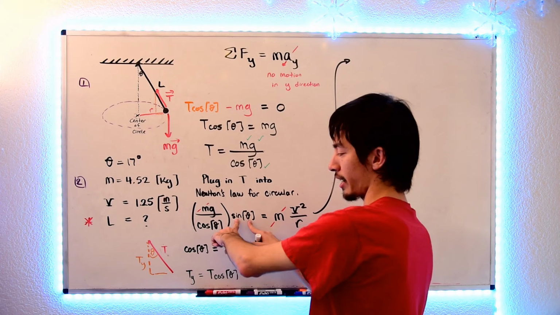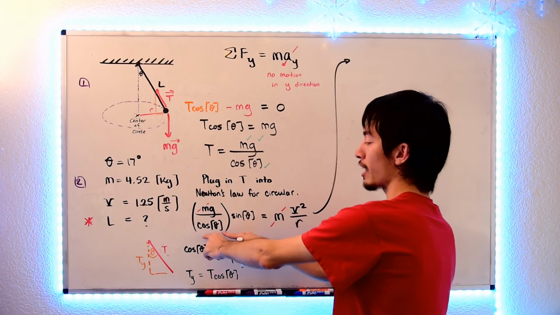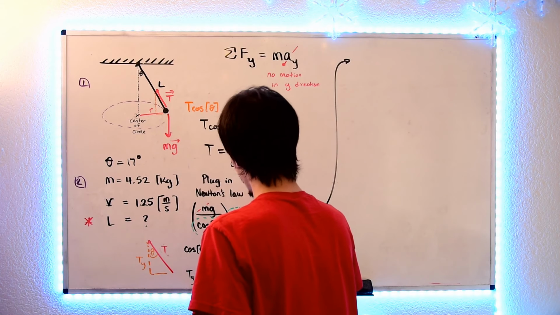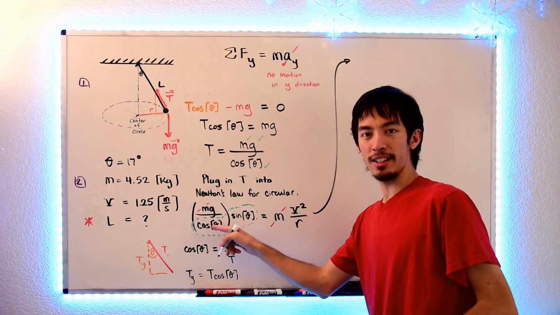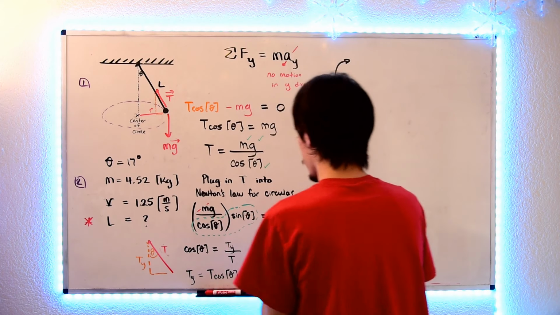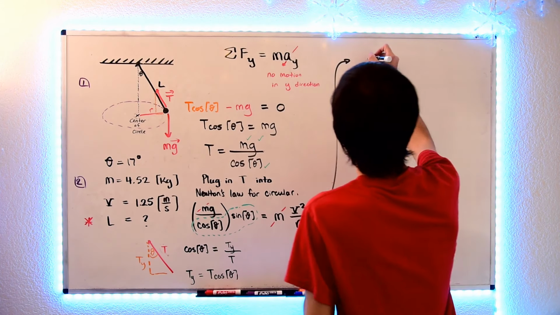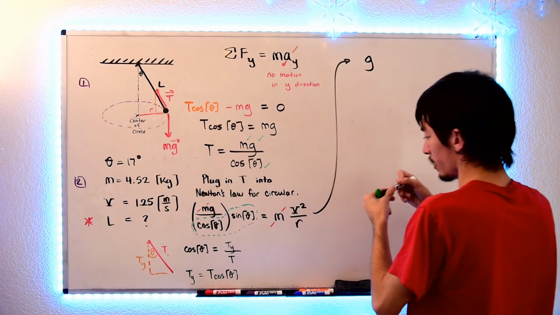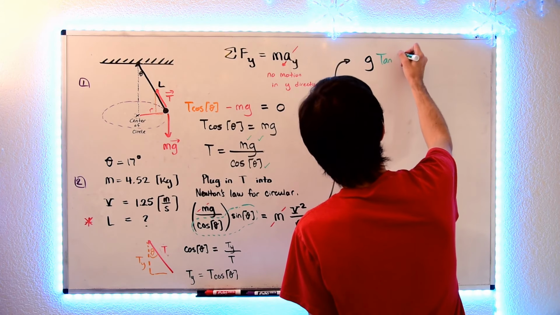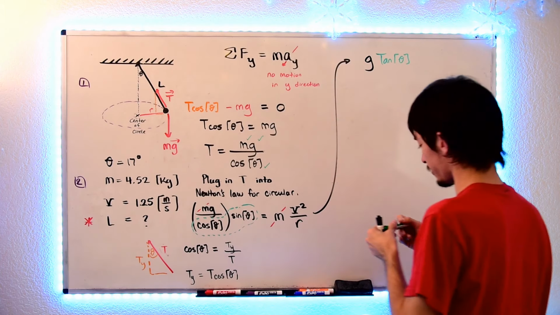Whenever you have sine divided by cosine, that is actually tangent. So you could rewrite this as g tangent theta.